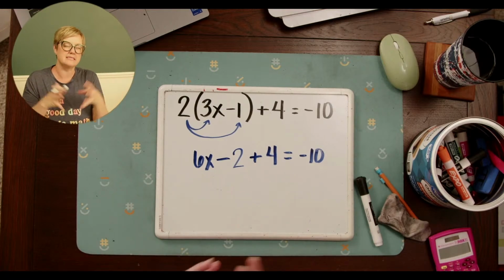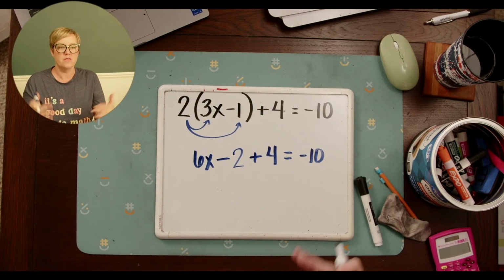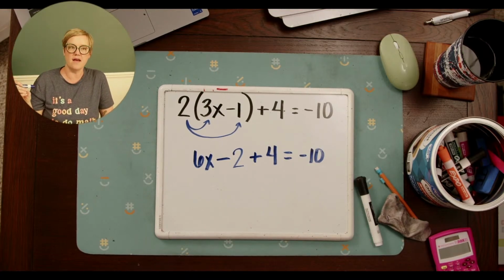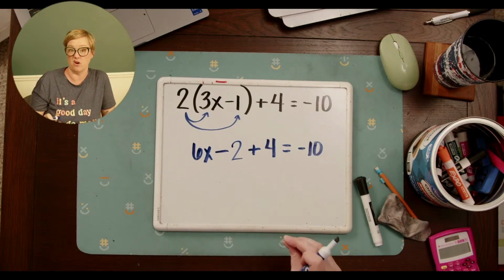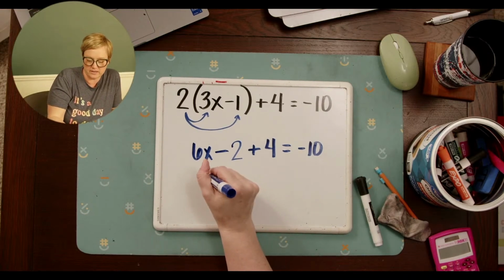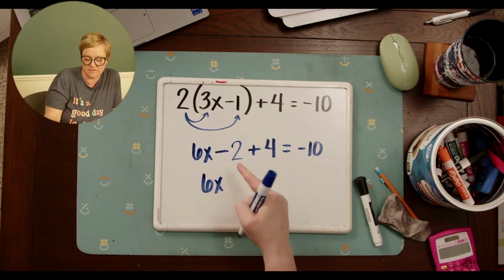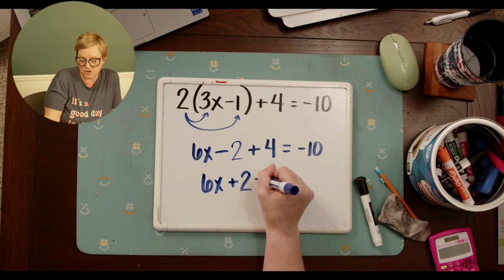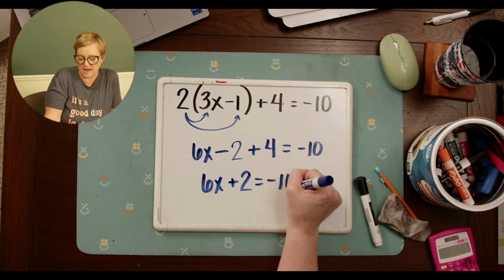Usually you try to simplify each side first, then you start solving. So simplifying means I'm going to get everything lumped together. So we have 6x and we have minus 2 plus 4. So we get 6x plus 2 equals -10.